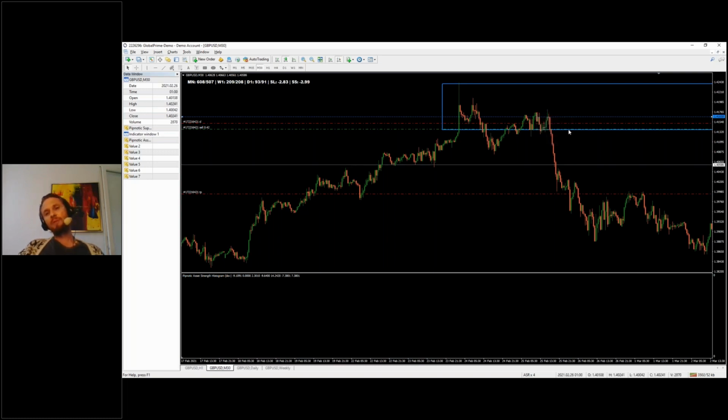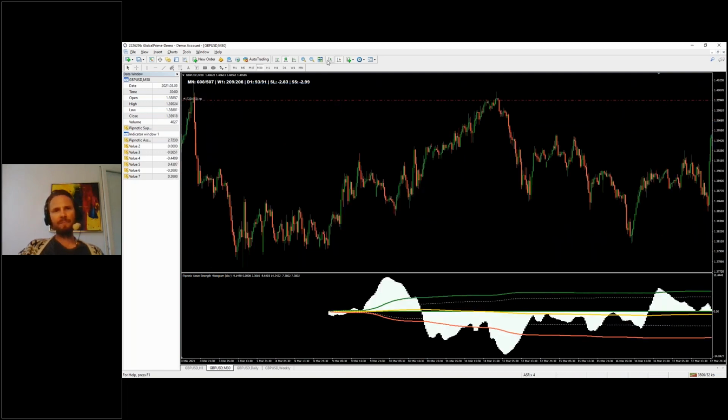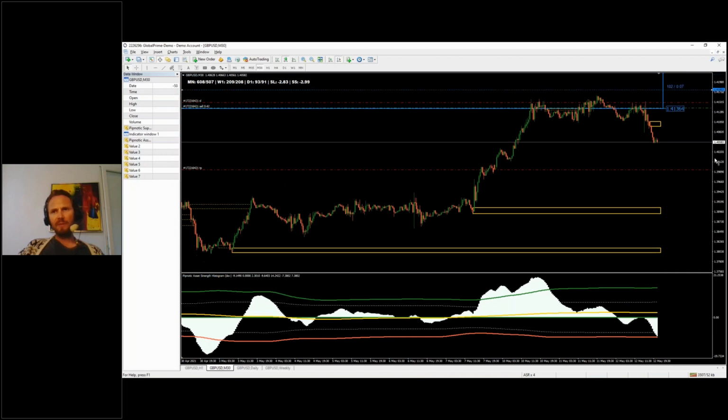And so the area that we would expect price to turn around at is around here. Price came a little bit below it. You can see just here, we found that we had willing sellers on the sidelines who got involved, and this essentially brought price lower from here.